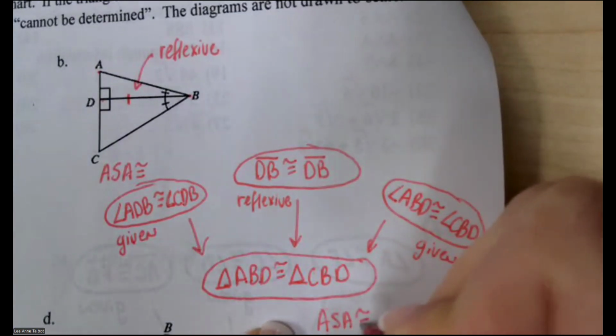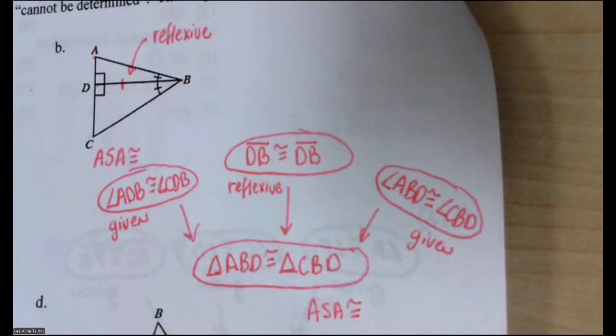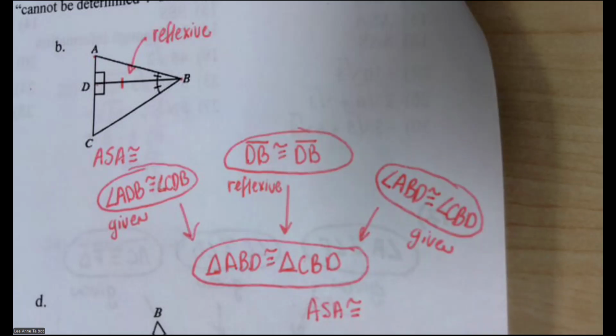Angle, side, angle, congruence. Any questions about B?